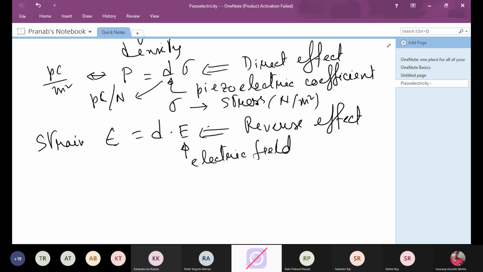The number of lines, if you count, would be the dielectric flux, or electric flux you can call. Because we are dealing with dielectric material, charges are stationary and bound. So that's why the piezoelectric effect we have defined as the displaced charges bound between the two surfaces. Okay, sir. Thank you, sir.